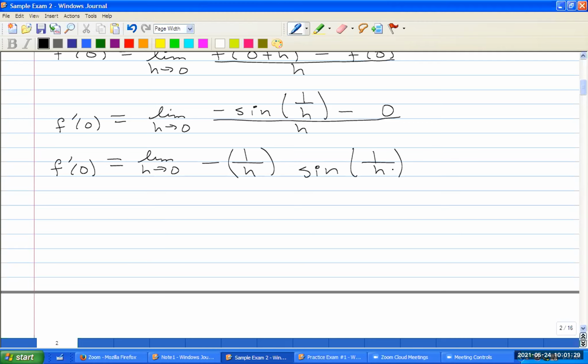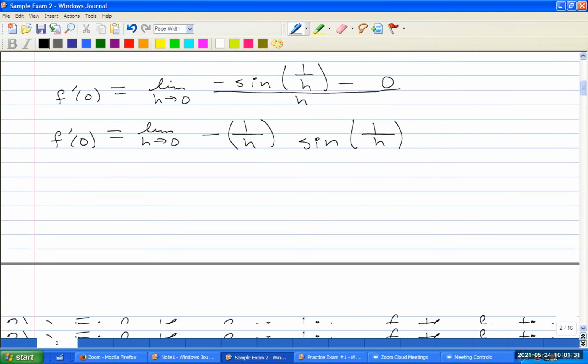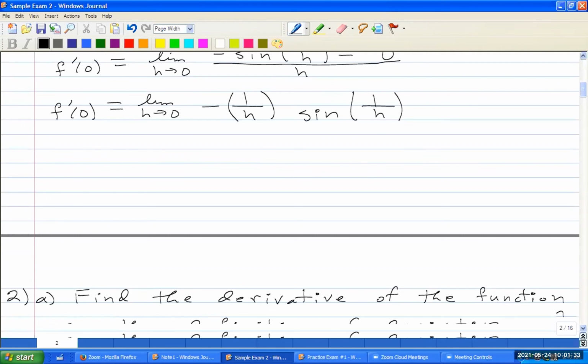Well, you notice here that sine here always oscillates between plus or minus 1.